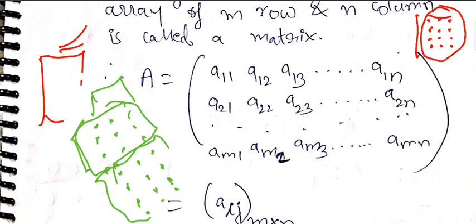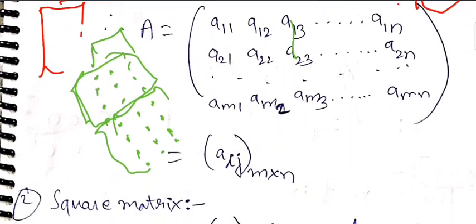So over here if you write that M is equal to N, then it will become a square matrix clearly.